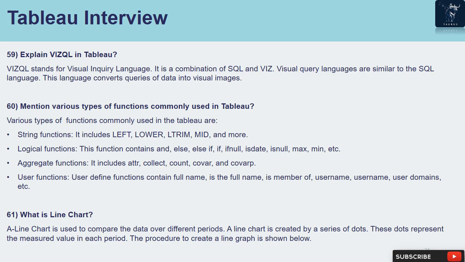60. Mention various types of functions commonly used in Tableau. Various types of functions commonly used in Tableau are string functions. It includes left, lower, trim, mid, and more. Logical functions. This function contains and, else if, null, is date, is null, max, min, etc. Aggregate functions.